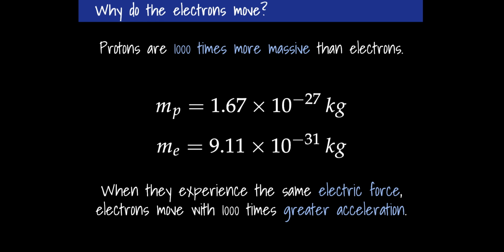I become electrically charged. I touch the doorknob and whammo. So as we continue the discussion and describe more and more electrical effects, I'll be talking in the context of it is the electrons that move, because when experiencing the same electrical force, electrons have 1,000 times greater acceleration than the protons. This is just the beginning of our understanding of the electrical effect.